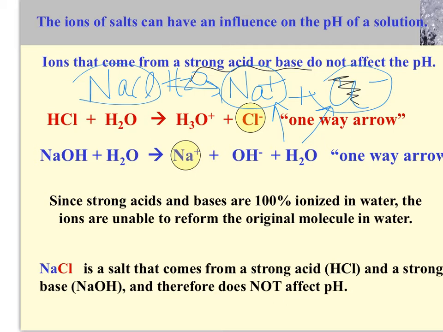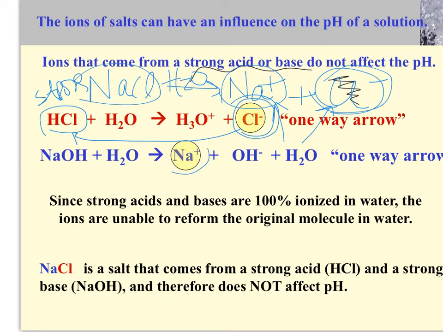So we're going to start with the chloride ion, okay? Chloride ion comes from HCl. That is a strong acid, okay? Which means chloride ion does not have any effect on the pH.